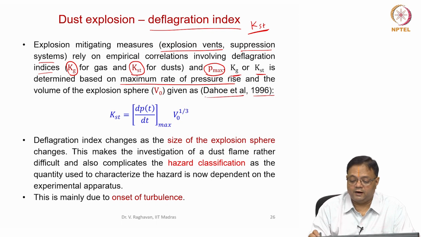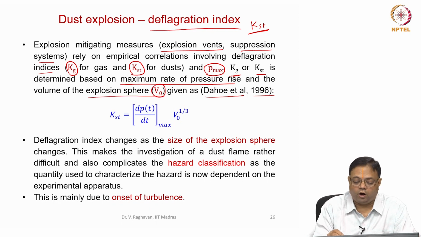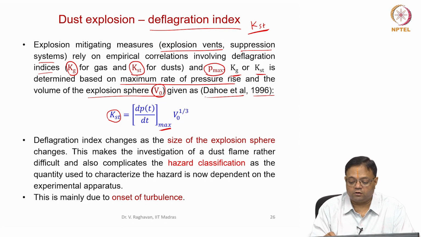Bartknecht in 1996 has given an expression considering a spherical explosion vessel of volume V naught. To determine KST, he has used this expression: dP by dt as a function of time, the maximum value of this, multiplied by V naught to the power 1 by 3.